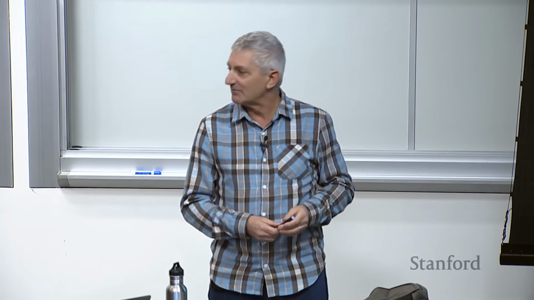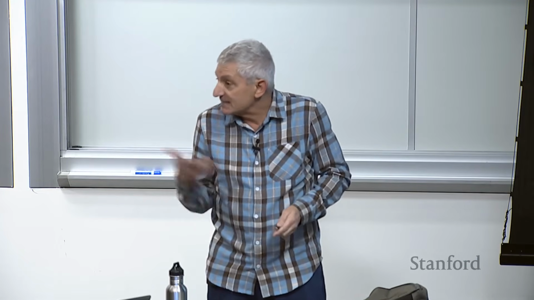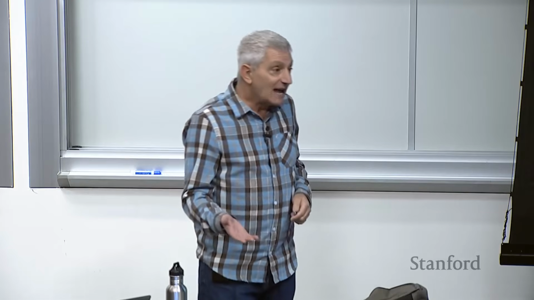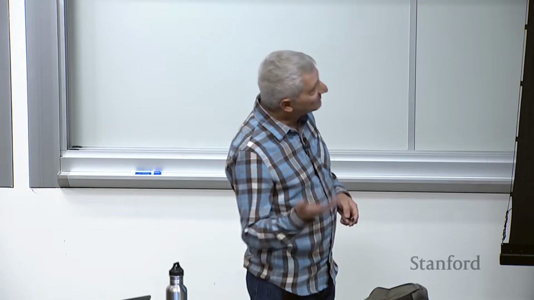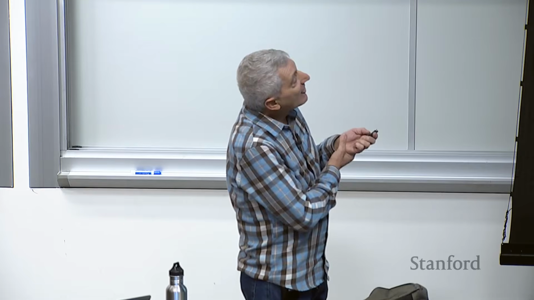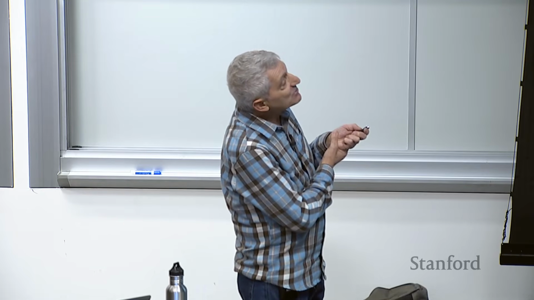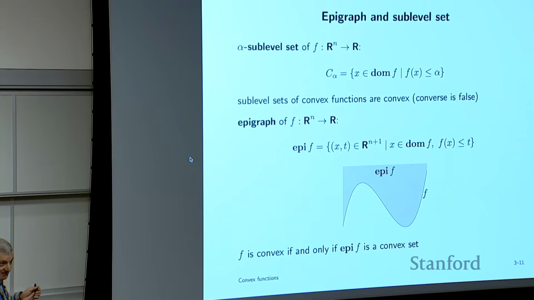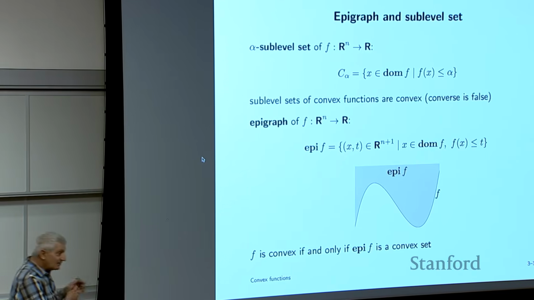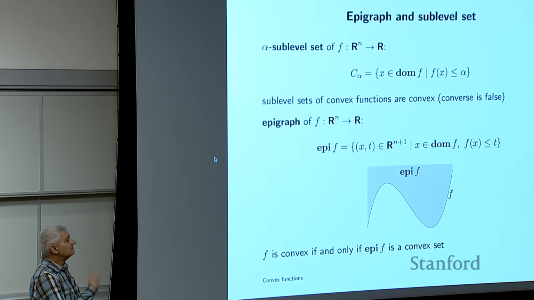So that's the sublevel set. It makes perfect sense, right? Or you could have a super level set. Now it turns out that the sublevel sets of convex functions are convex. So if you have a convex function and I look at the sublevel set, it's going to be convex, right?